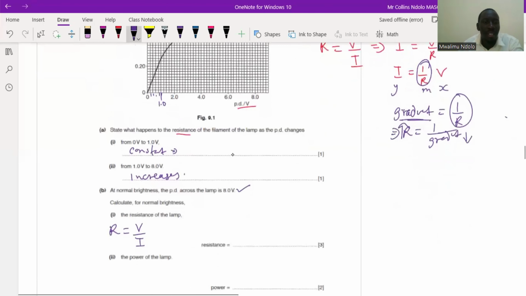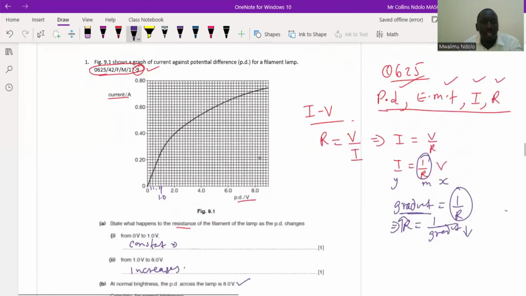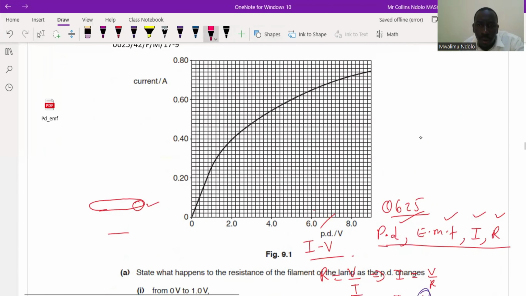That means for any part that follows, we should be able to use the graph unless we are told not to. So we need to read the value of current when V is 8. So 8 is here, and we need to draw a line.